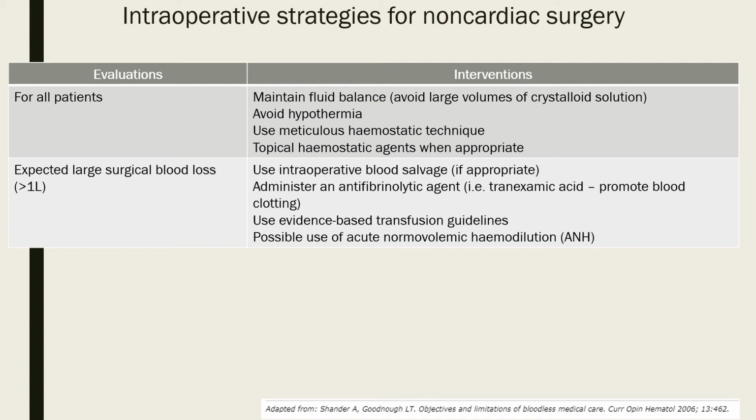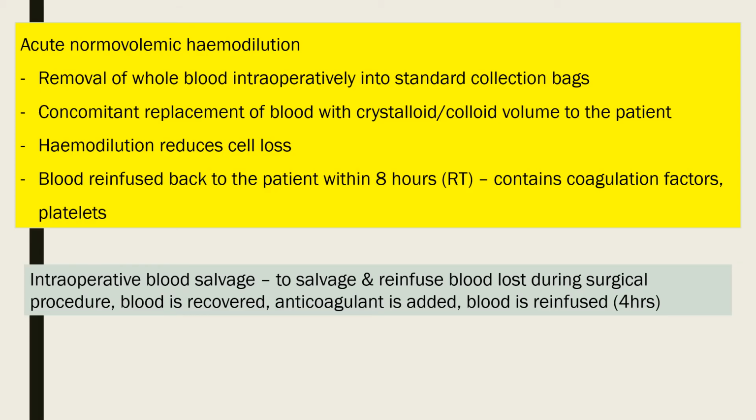Another intervention is the possibility of using acute normovolemic hemodilution, also known as ANH. Okay, as I mentioned in my previous slide, there are two types of intervention that can be used during the intraoperative period. They are acute normovolemic hemodilution and also intraoperative blood salvage.